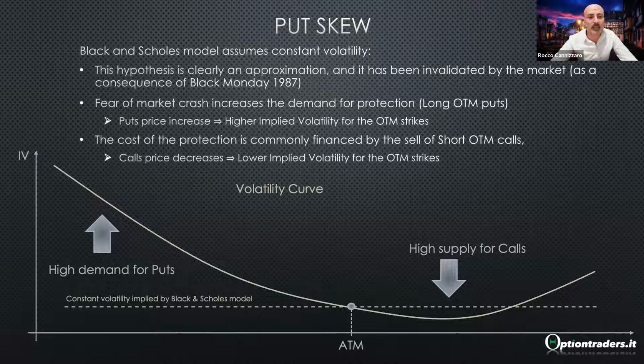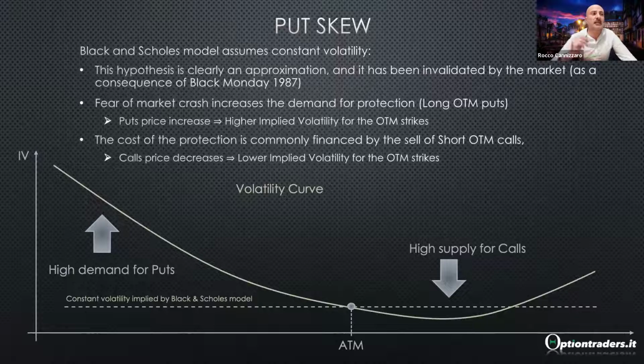Most importantly, why do we sometimes see that strikes equidistant from the money, which in theory one would think have the same probability of being reached, differ in price? Why is a put at that strike more expensive than an equidistant call on the other side?